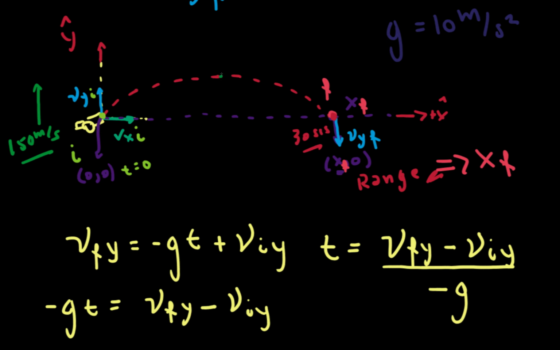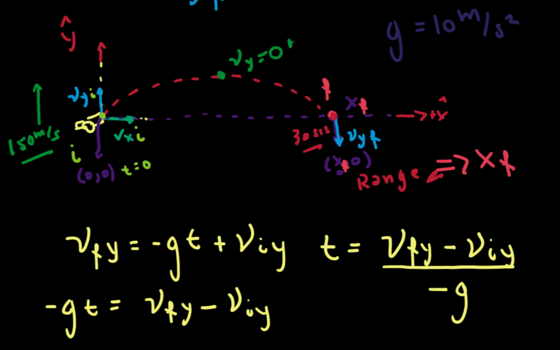And we know that at the highest point, the velocity y is going to be 0, which means that gravity will need enough time to chip away 150 meters per second from it, which means that it will take 15 seconds for gravity to slow down a projectile from 150 meters per second to 0 meters per second.